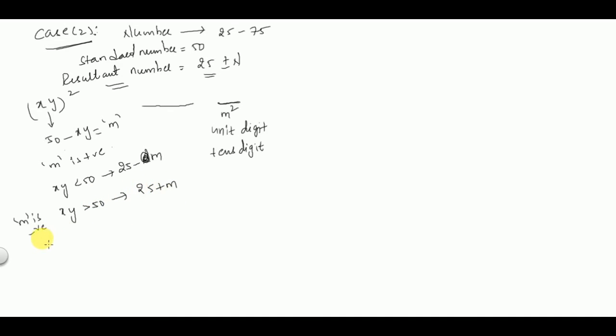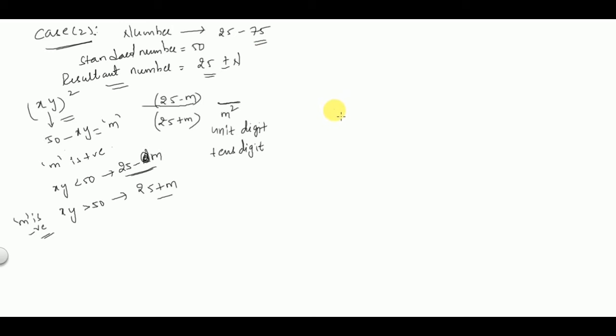So if m is negative, we take 25 plus m; if m is positive, we take 25 minus m, and we will write this number here. This is the way we will proceed to find the square of a number from 25 to 75.